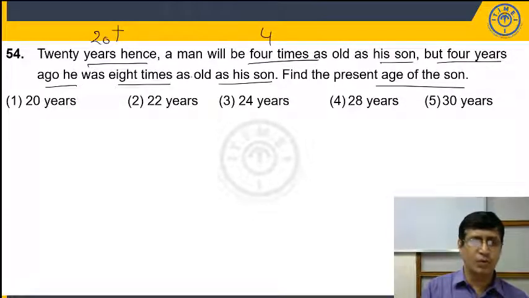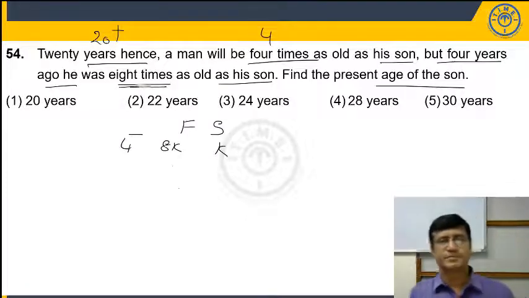4 years ago, the man was 8 times his son, where man means father. How many times the son? 8 times. When son is equal to k, father is equal to 8k. This is 4 years ago.